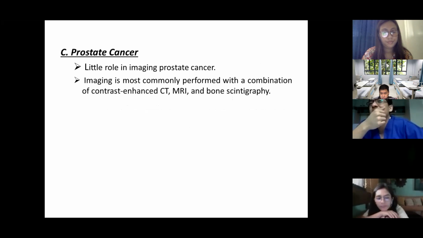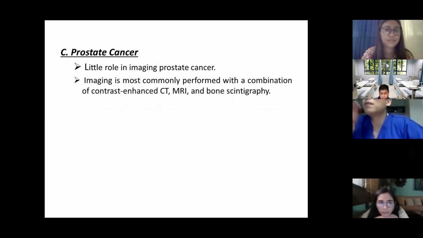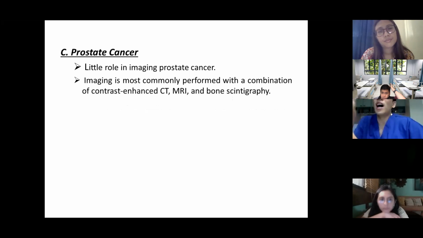And the prostate cancer has little role in imaging prostate cancer. Imaging is most commonly performed with a combination of contrast enhanced CT, MRI, and bone scintigraphy because prostate cancer cells have a low uptake of radiotracer, which is secondary to the decreased metabolic activity of the prostate cancer cells.